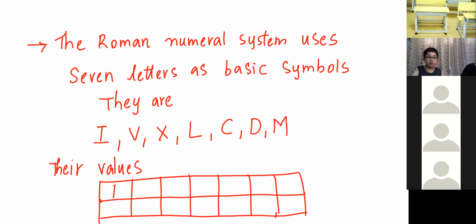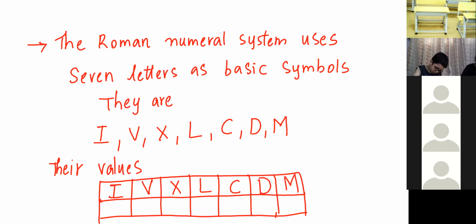Roman numerals start from I onwards: I, V, X, L, C, D, M.